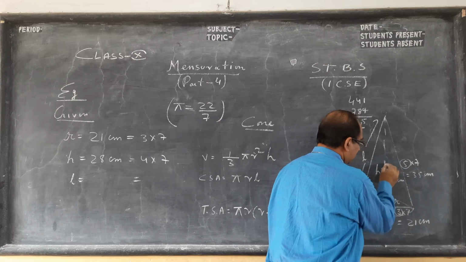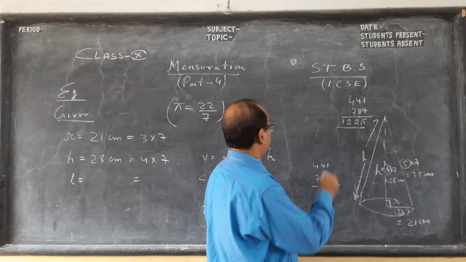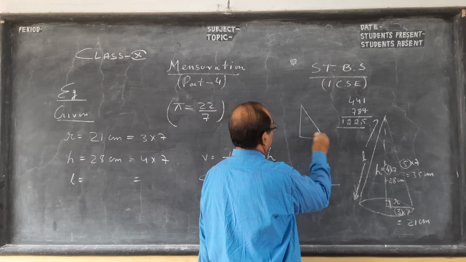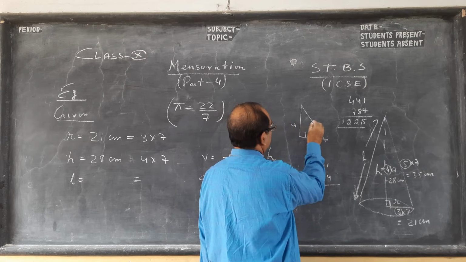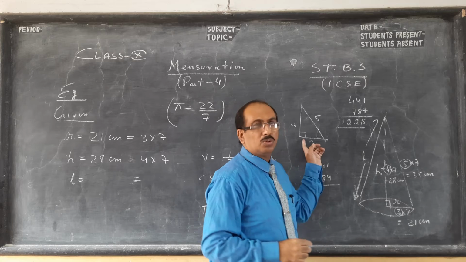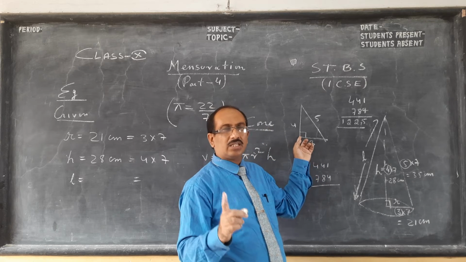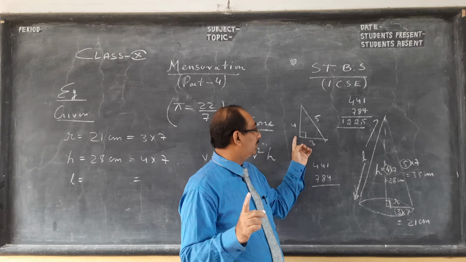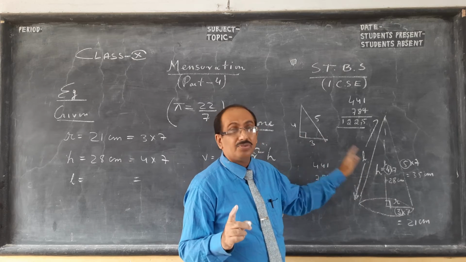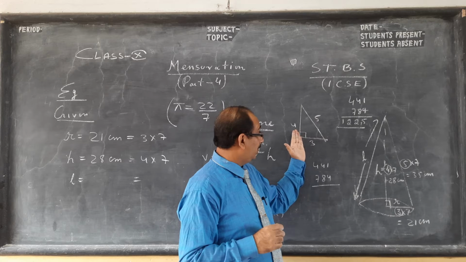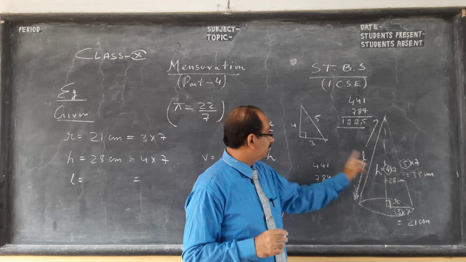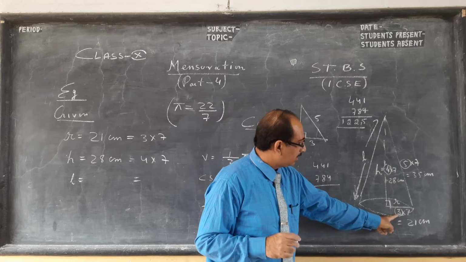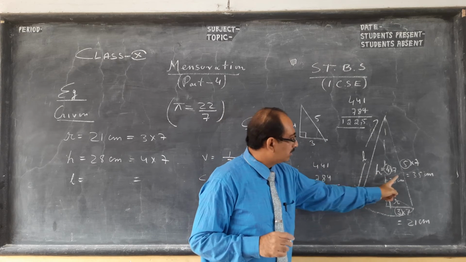Generally you will see it has huge application, 3, 4, 5. If a triangle's one side is 3, another is 4, this will be 5. Pythagoras theorem is in class 9, and I have made a separate video on Pythagorean triplets. So a multiple of a triplet is a triplet. So 3 7s are 21, 4 7s are 28.